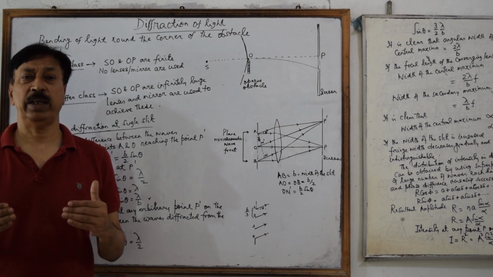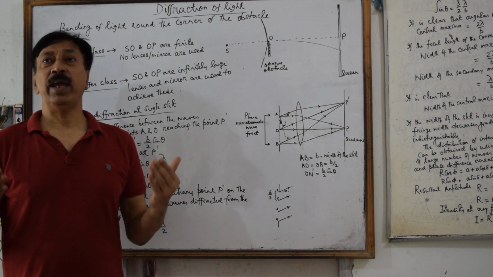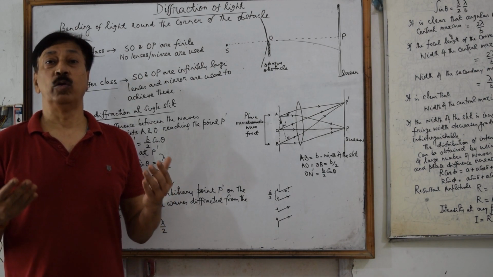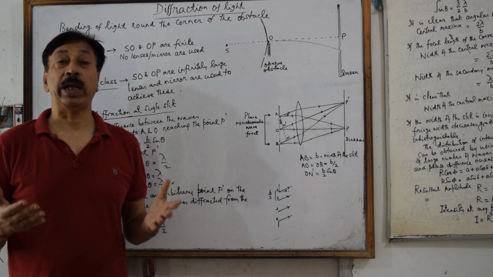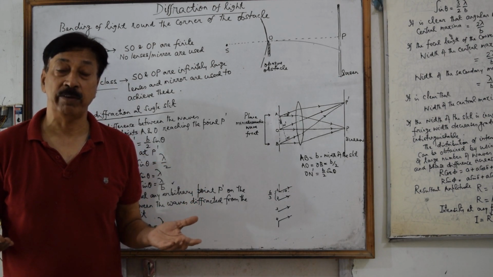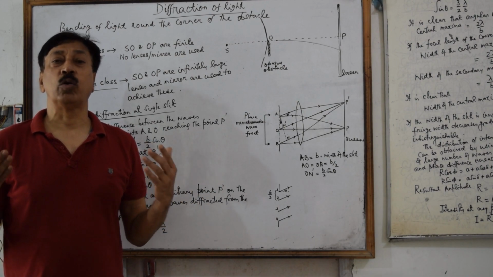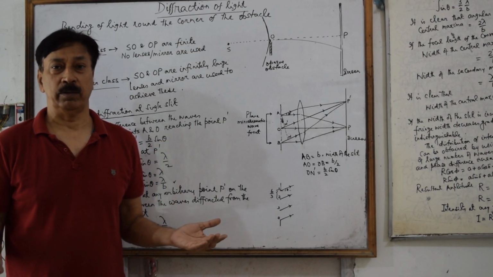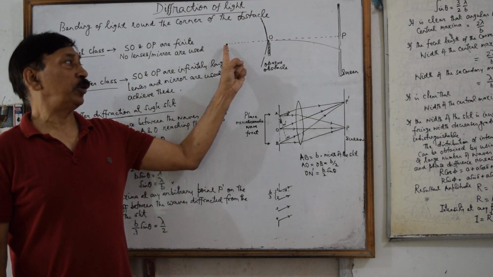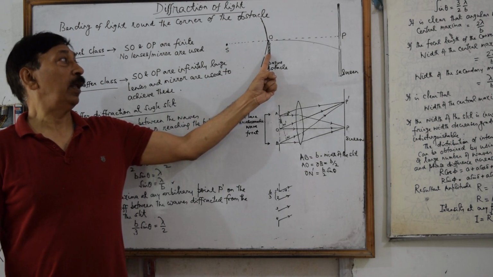What happens actually in diffraction? If the wave is incident on an obstacle whose dimension is comparable to the wavelength of the incident wave, the wave bends round the corner of the obstacle. You can observe we have taken a source of light wave, and this is an opaque obstacle.